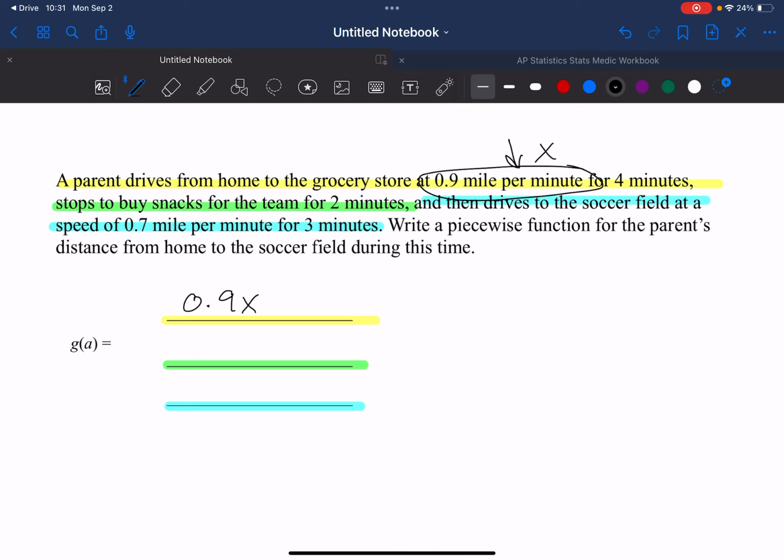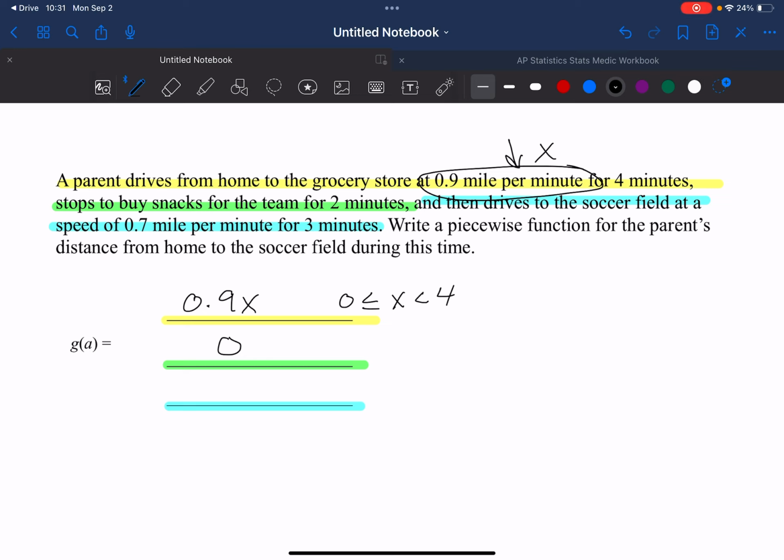So that means her restriction, her domain is 0 less than or equal to x, less than 4. Now she's at the store, okay? Since she's at the store, she is not going any miles per minute because she's no longer driving her car, okay? So we're going to say she has a constant of 0, right? 'Cause she's not driving anywhere.